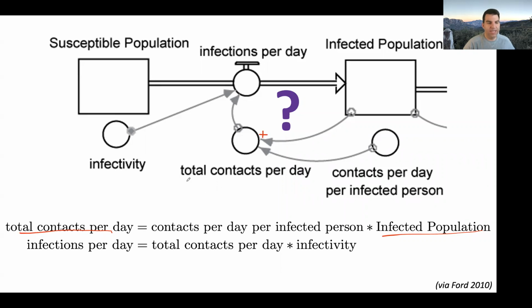Here I see total contacts per day has an impact on infections per day. If total contacts per day goes up, infections goes up. So that also has a plus. And then remember that every flow has an implicit positive link to the stock that the head of the flow is connected to.